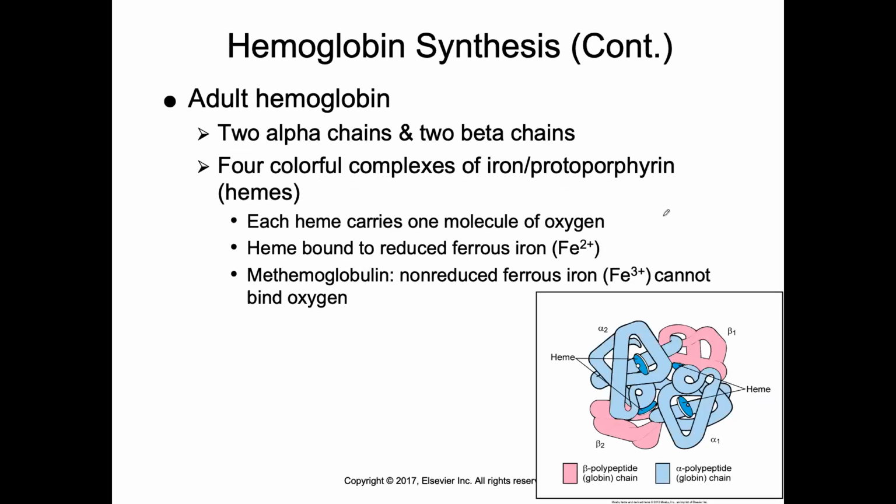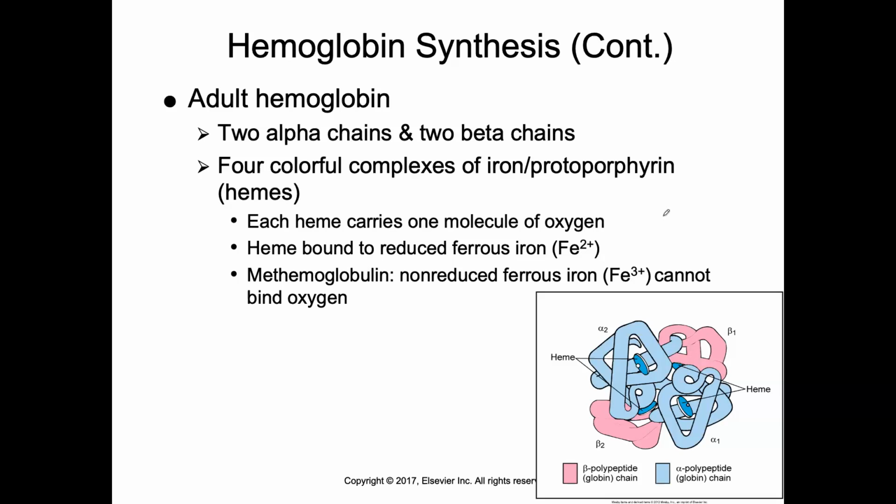The heme and the globin and the iron are perfectly suited to pick up oxygen in the lungs and dump off oxygen at the tissues. Otherwise, we wouldn't have enough oxygen dissolved in plasma to keep us alive.